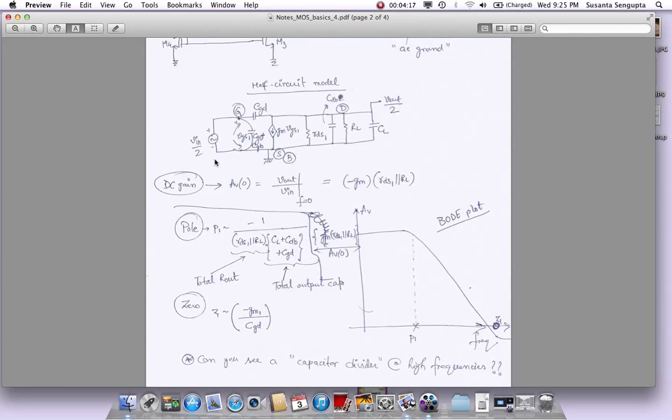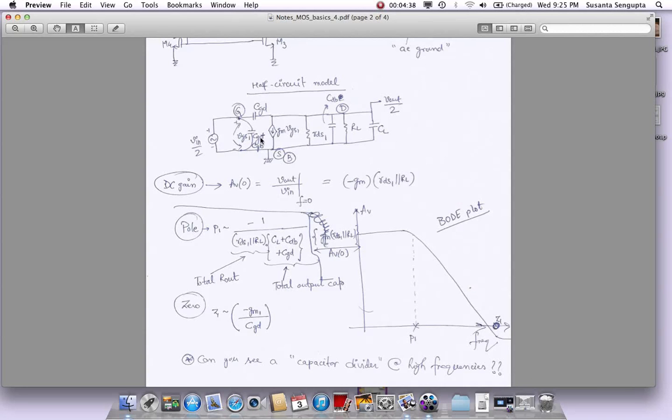This input is shorted. So if it is shorted to ground, this is AC ground. So at this point, CGD is hanging to AC ground, which means the gate portion of CGD is grounded when you're trying to find the pole here, to find the total capacitance. So we have got three of those added here.